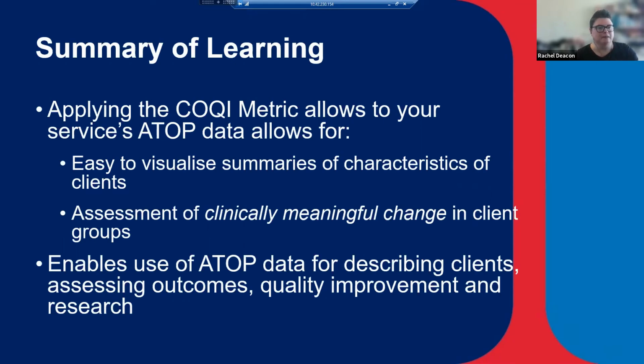Applying these rules enables you to better look at your ATOP data, to get easier to visualize summaries of characteristics of clients, such as clients entering service, clients out of service. And it also allows you to have a look at clinically meaningful change in your client groups.